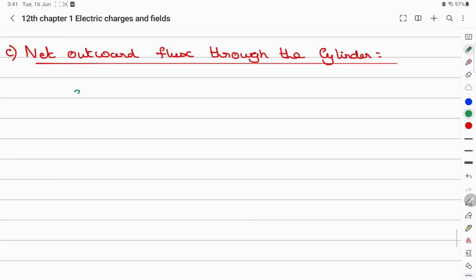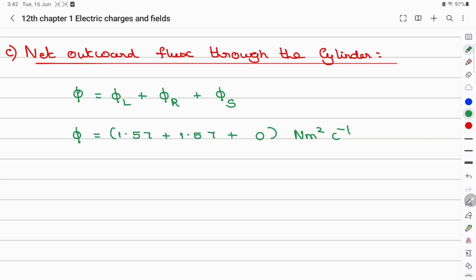So the net flux phi is equal to phi of L plus flux due to the right face plus flux due to the side face. So phi is equal to 1.57 plus 1.57 plus the side face value 0 Newton meter square coulomb inverse. After adding the values, we get the net flux phi equal to 3.14 Newton meter square coulomb inverse.